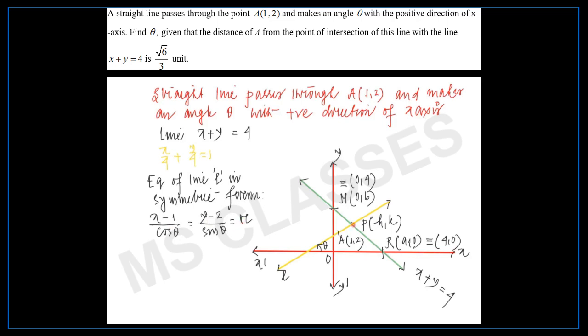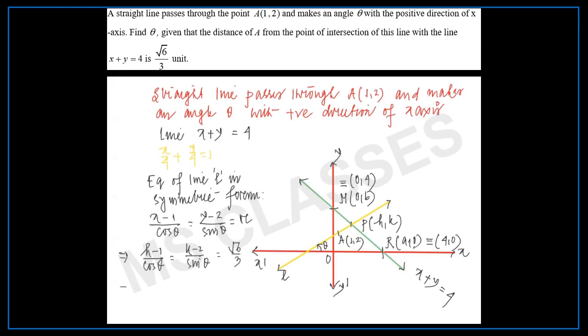Here we can see that the point of intersection is above the point A, so we can take plus only for the distance. So here we can write (h minus 1) by cos theta equal to (k minus 2) by sin theta equal to root 6 by 3.